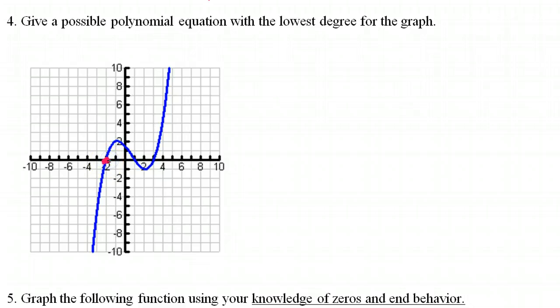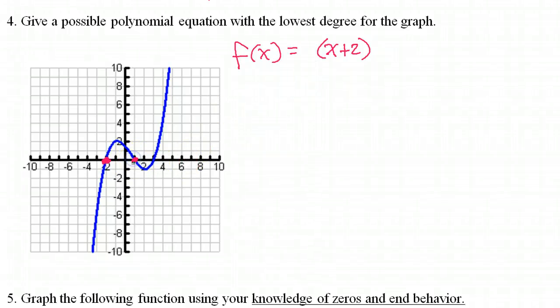So I see I have an x-intercept at -2. As I begin to write the equation, I have f of x. Because of the -2, I know I have a factor of x plus 2. Now this goes straight through, so that means this is a single factor, multiplicity 1.